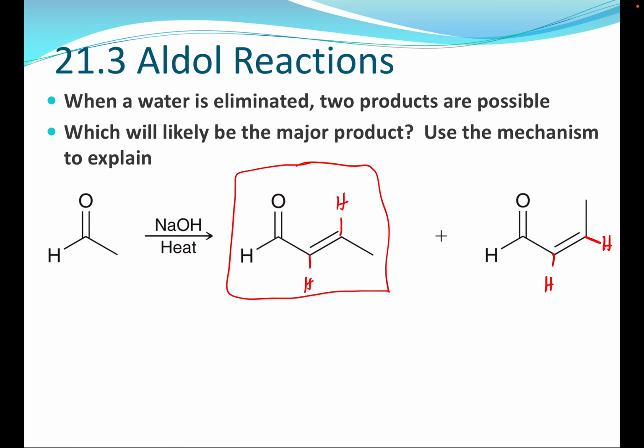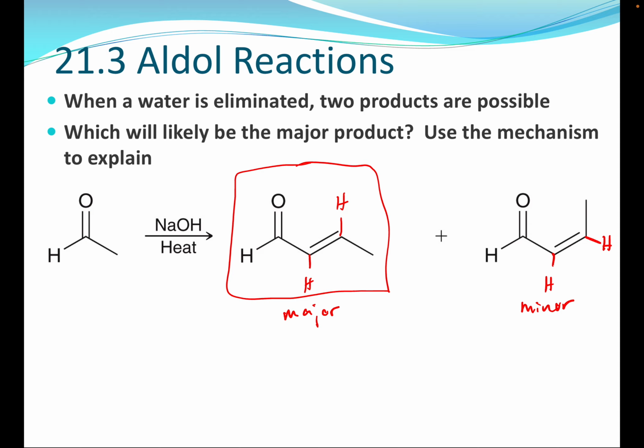Hopefully, you guessed the E, or the trans product, would be the major product, and then the cis product would be the minor product. Molecules are typically in the lowest energy state when we have our largest groups on opposite sides of the double bond.